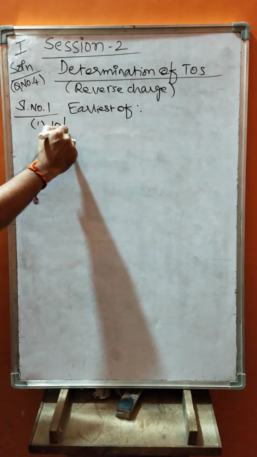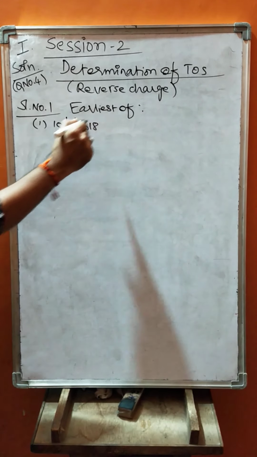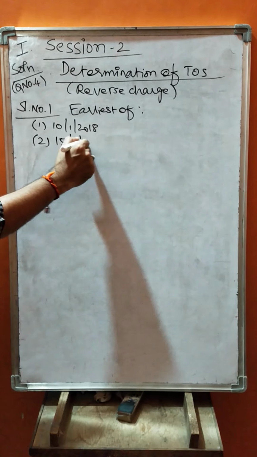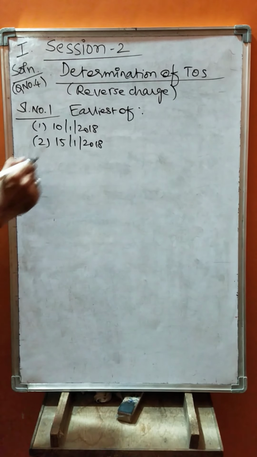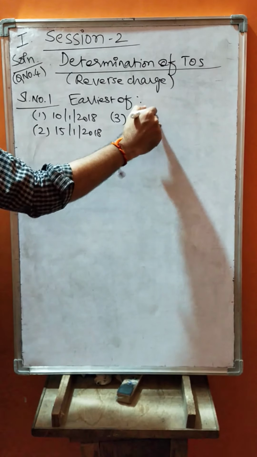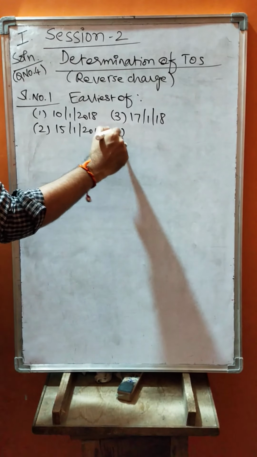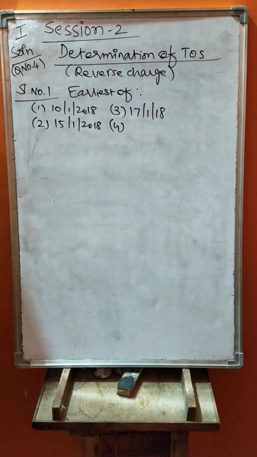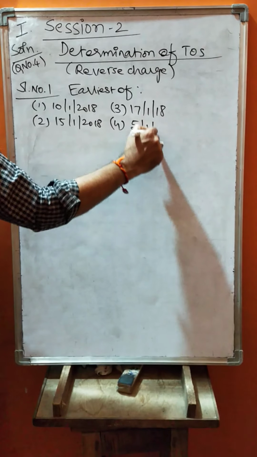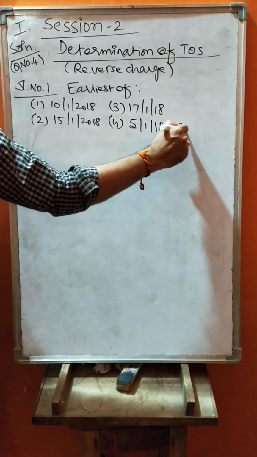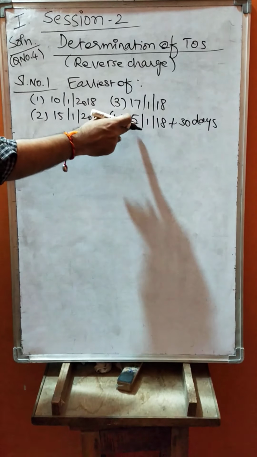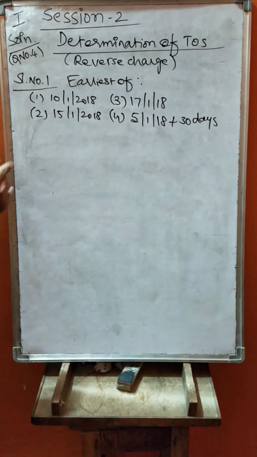10th January, then 15th January, then 17th January, then for the date of invoice you need to add 30 days. The date of invoice is given as 5th January 2018 plus 30 days, which we shall take as a month, so 5th January will become 5th February.